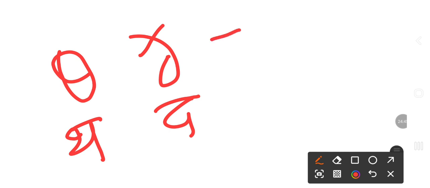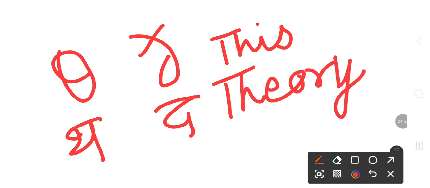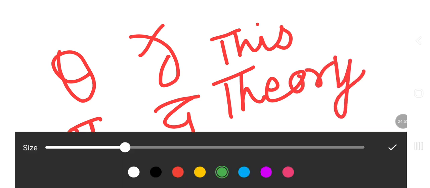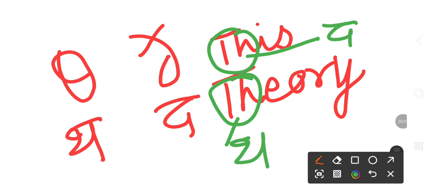Because when we write this and when we write theory, there is confusion, because the same combination is pronounced as th in this, and the same combination is pronounced as th in theory.